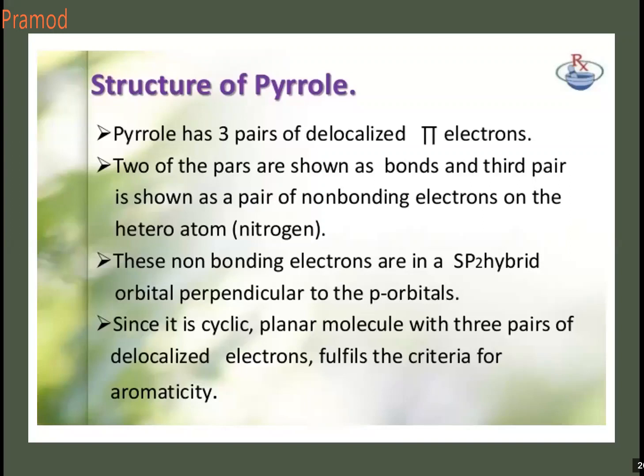All these non-bonding electrons are in the sp2 hybridized orbitals, perpendicular to the p orbitals. They delocalize and are perpendicular to the plane of your sp2 hybridized system. In the case of pyrrole, it is cyclic and planar with all 3 delocalized pairs of electrons, and 4n plus 2, that is Huckel's rule, is satisfied.